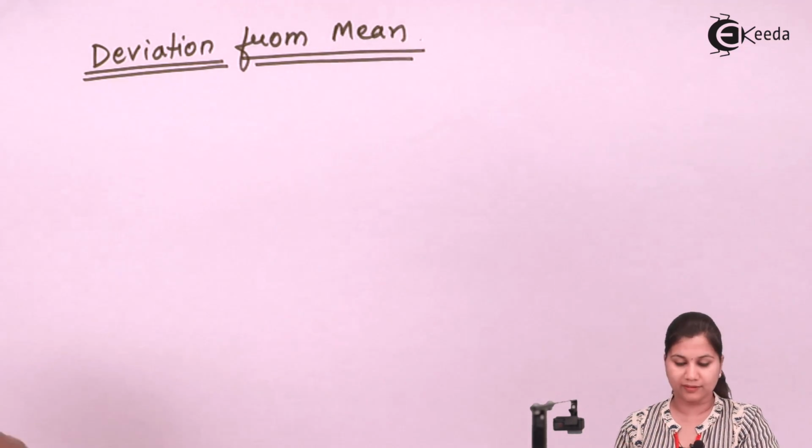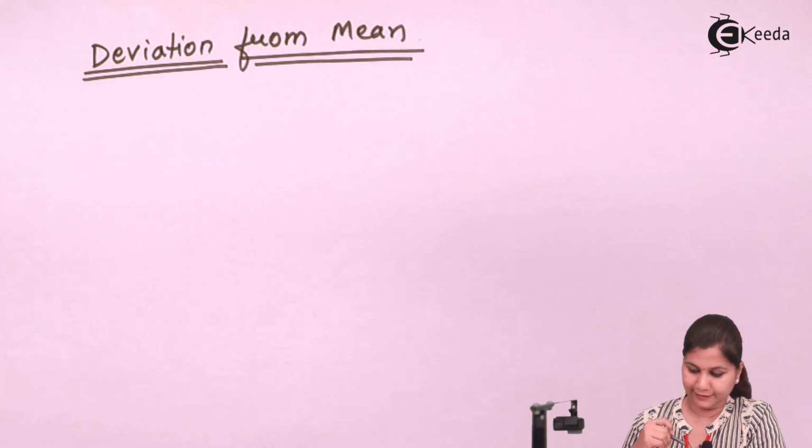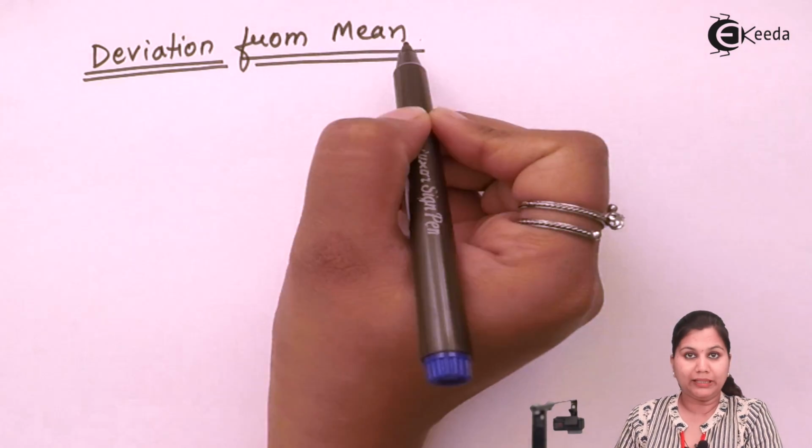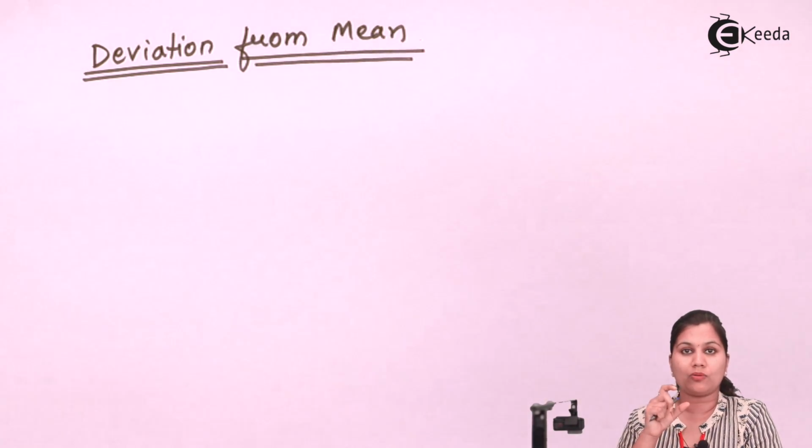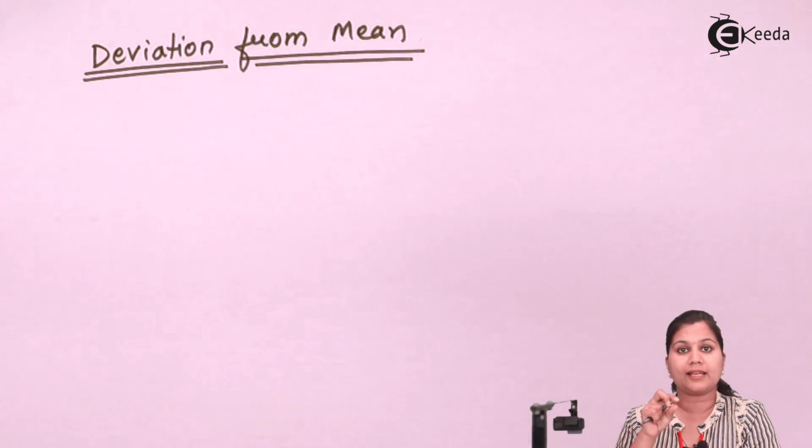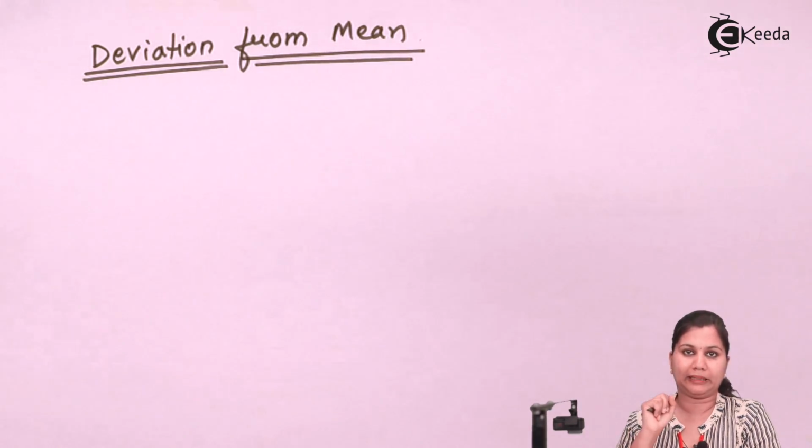We define deviation somewhat like this. Deviation from mean means by how much value the reading is deviating from the arithmetic mean.